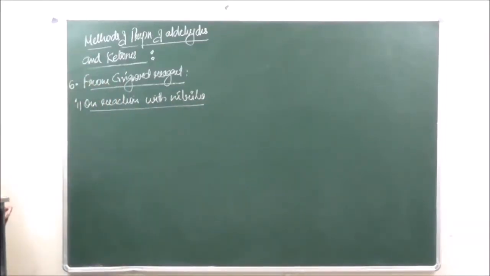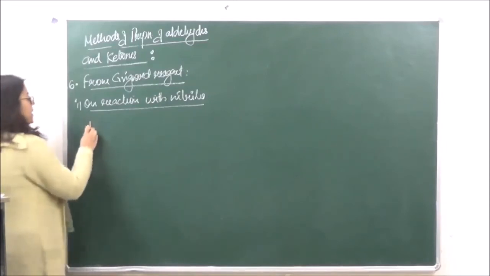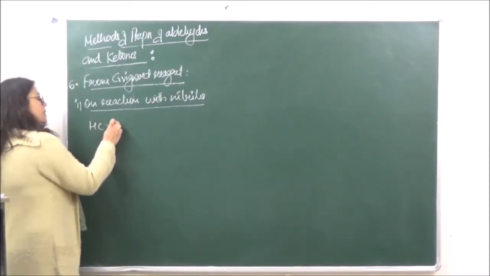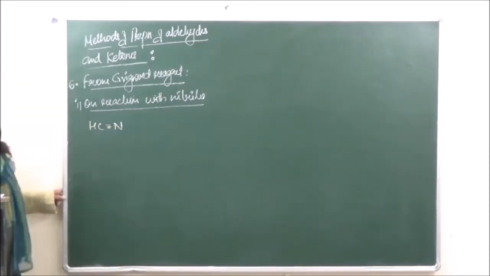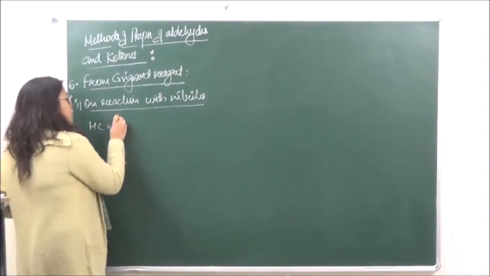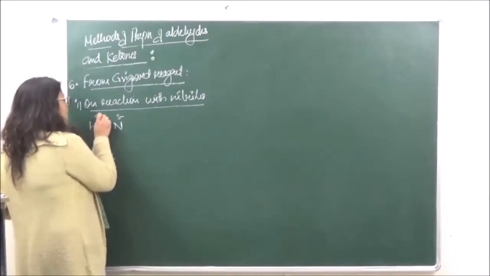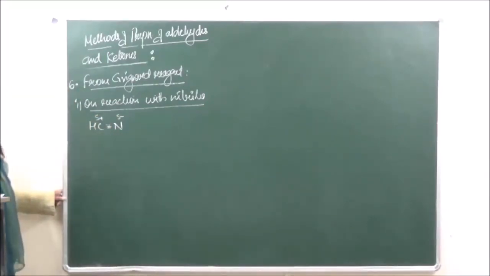Nitriles is the cyano compound. So we have over here HC triple bond N. This is going to be a nitrile. Now over here the nitrogen is going to get a slight negative charge and carbon is going to get a slight positive charge, because nitrogen is more electronegative than carbon.